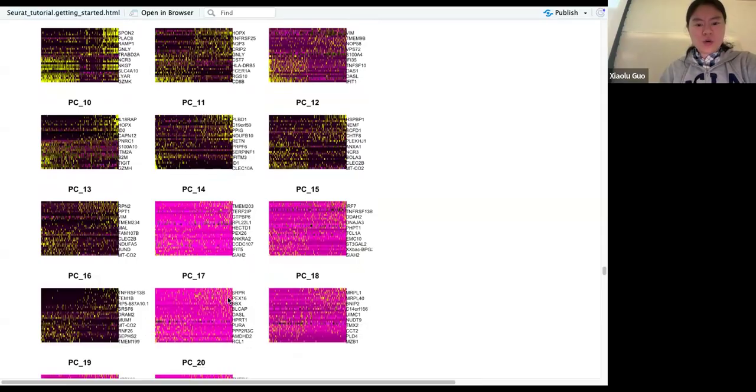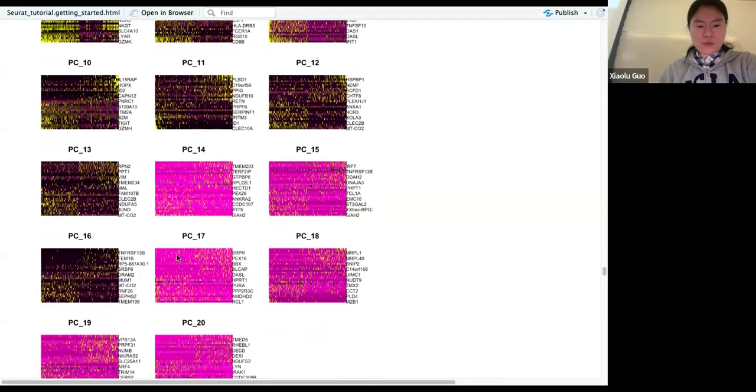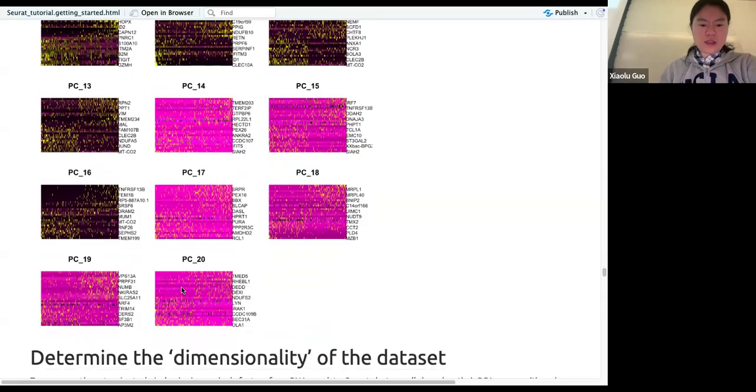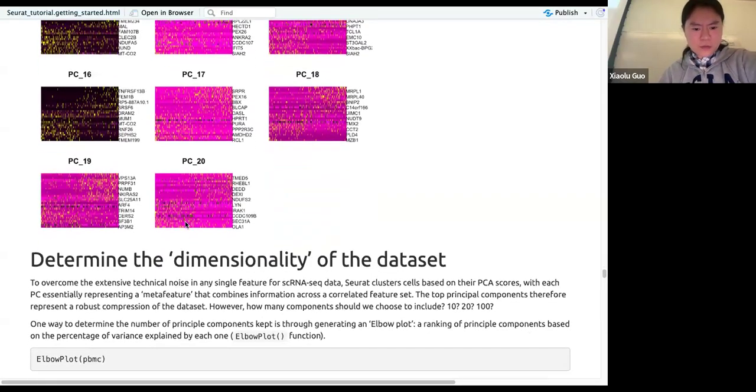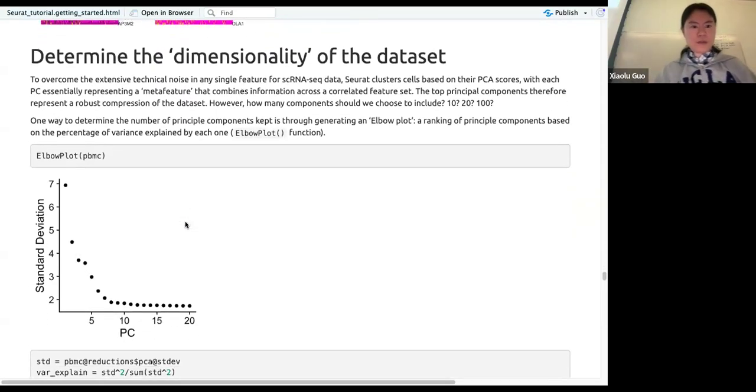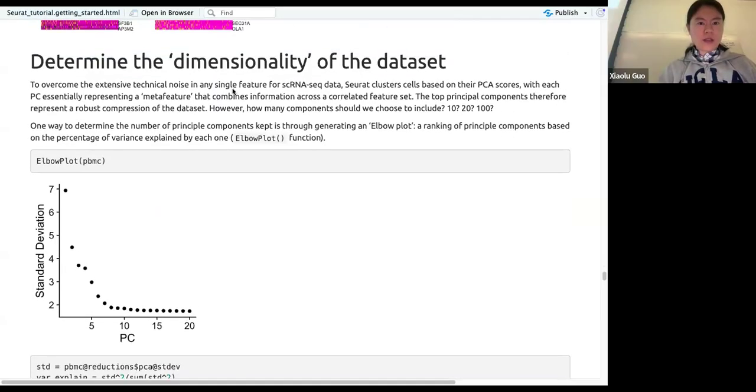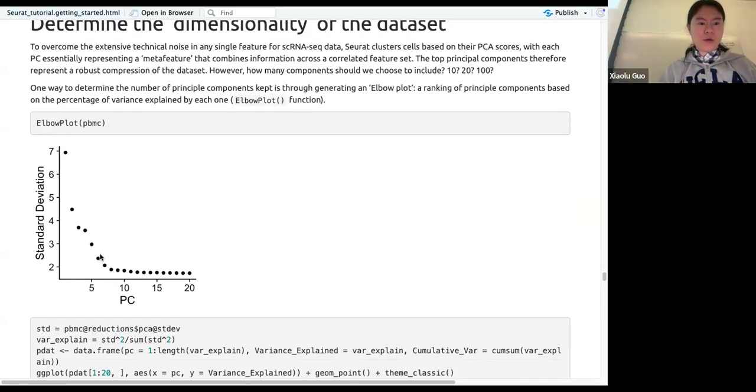And as we can see, PC1 captures the most variance for the data. As we go to more PCs, we see that there is almost no variance. They are all purple, more similar. And then for how many PCs we choose, we use the elbow plot and find the turning point.